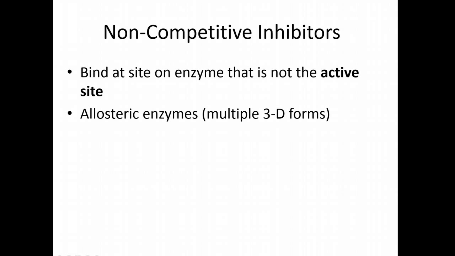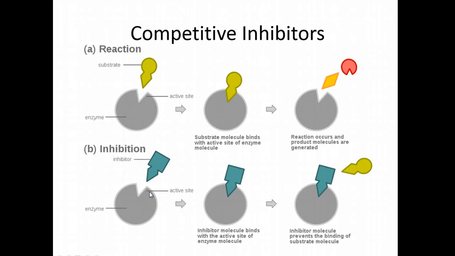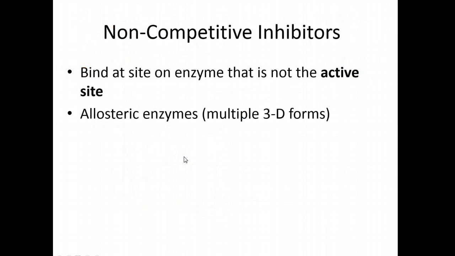Now let's talk about a non-competitive inhibitor. And let me first go back and show you again the competitive inhibitor binds at the active site. So with a competitive inhibitor, I like to say if the enzyme squints and looks at the competitive inhibitor, it looks just like the substrate.